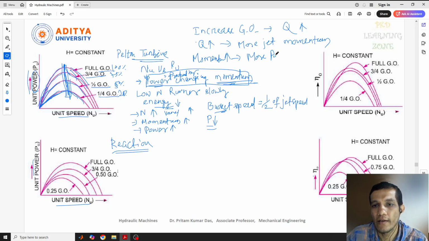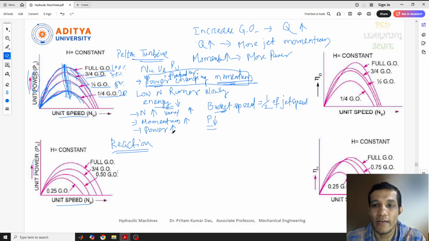So same thing here also: this is for 25%, 50%, 75%, 100%, and for each gate opening we have maximum power generated. And as I told you, this is how power is generated at low speed, at medium or optimum speed, and at high speed the power starts reducing because the jet is not properly matched. This is for the Pelton turbine.